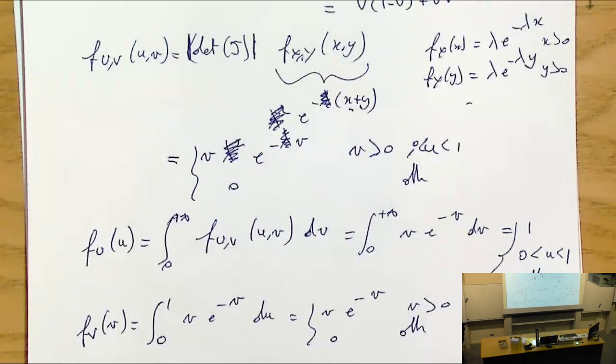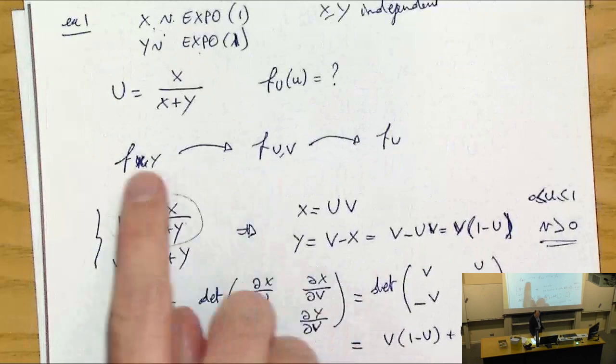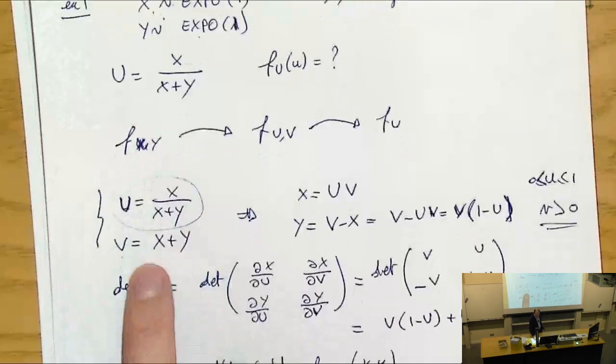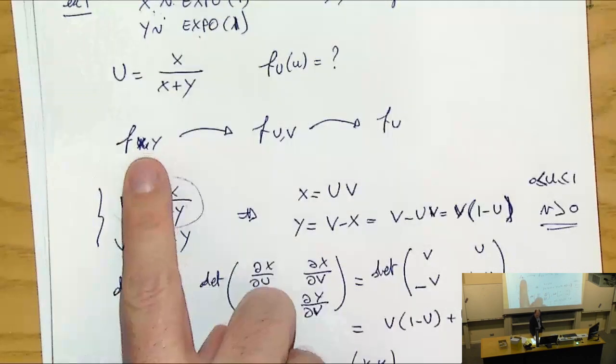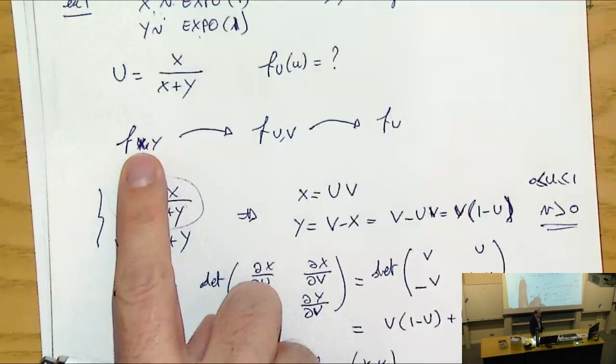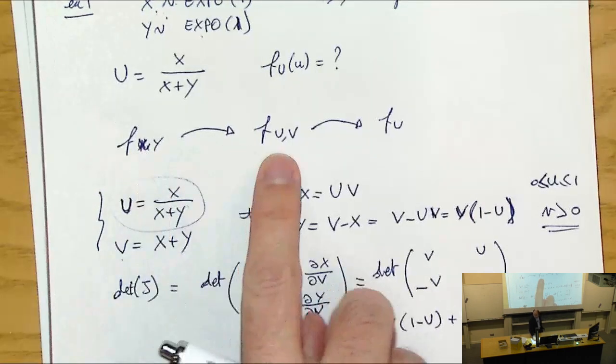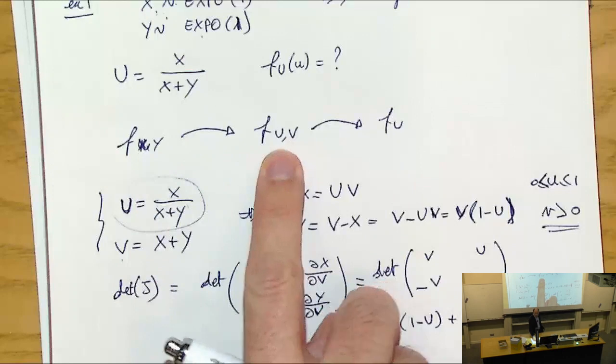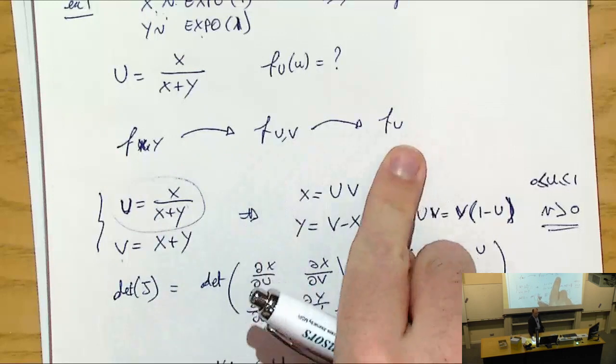Okay, so I was interested in the PDF of a random variable u, and to get to that, we have an intermediate step: let's introduce an auxiliary random variable v. Let's do a change of random variable from two random variables x and y to u and v. And once we have this joint PDF, I can compute the marginal f of u.